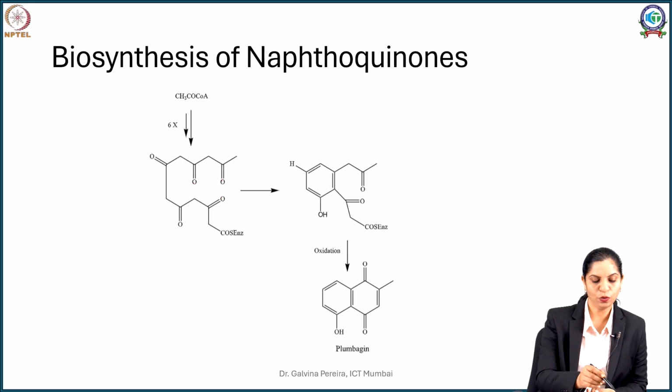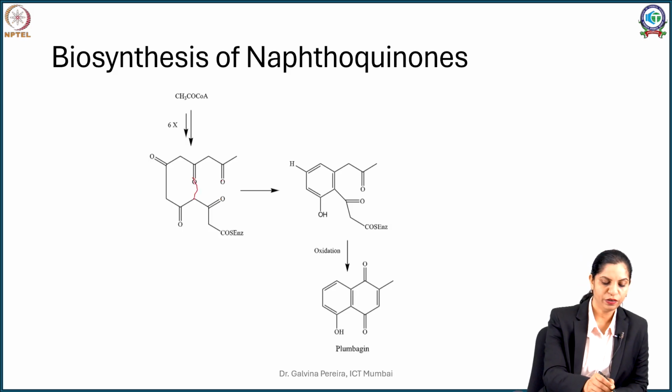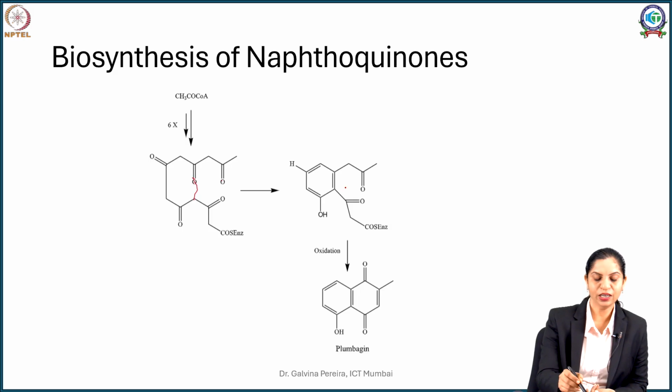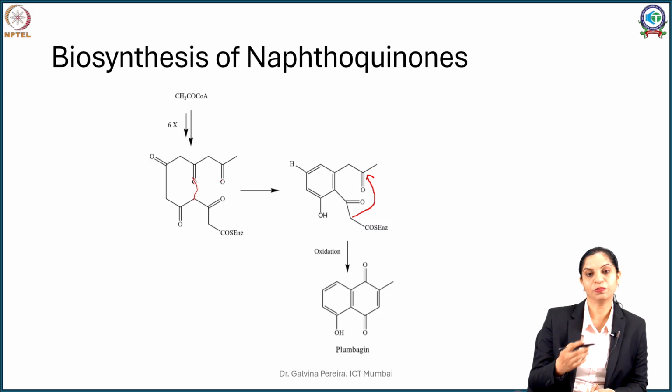This acetyl CoA, like I said, will first undergo a preliminary cyclization. So you get a phenol being formed. Then it will undergo a secondary cyclization. So you get 2 ring structures, but in the process a subsequent oxidation converts it into a quinone.